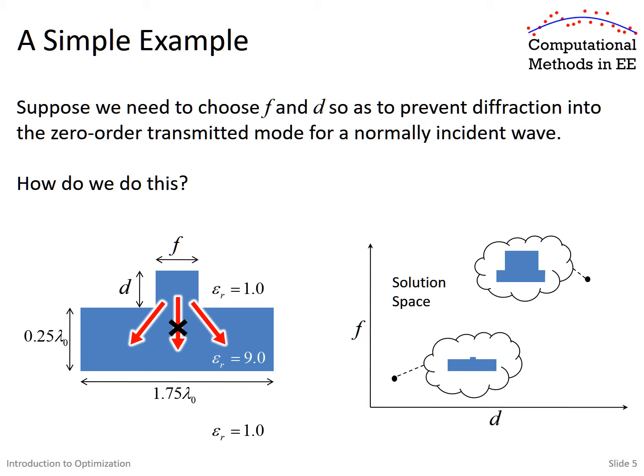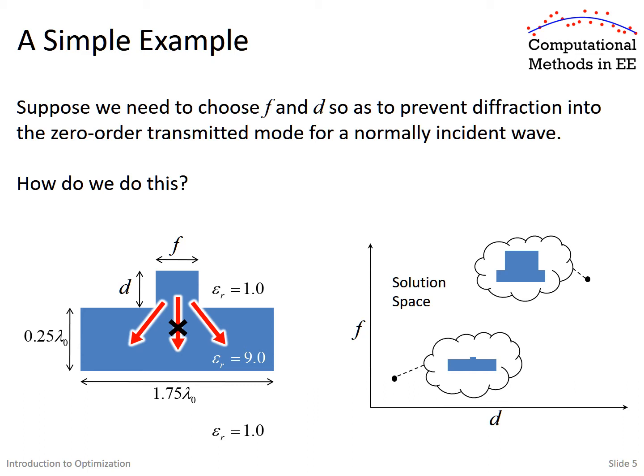So if we look at this bottom left point, that is both a small value of D and a small value of F. So what we see is a very shallow, skinny tooth. Well, we could choose this other point, which is both a large value of D and a large value of F, and now we have a very tall and wide tooth. So any point in this plane represents a different design.